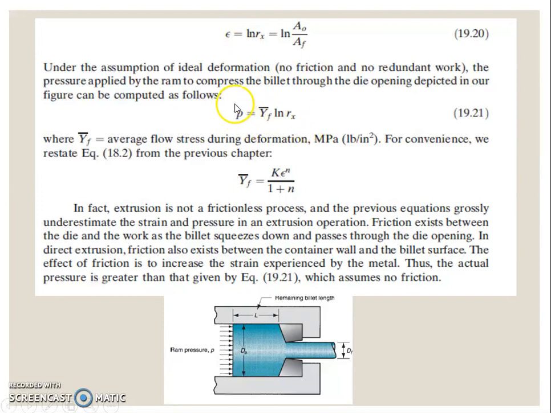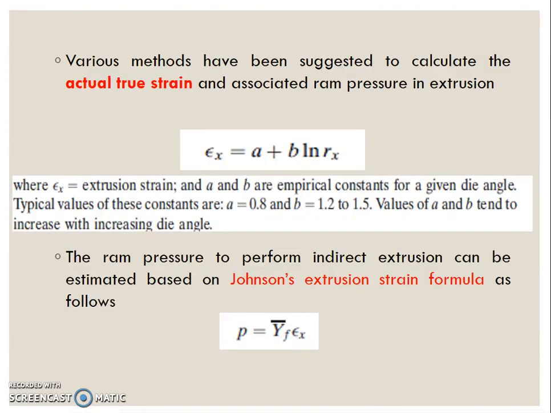Then you will get the pressure on the ram. For the average flow stress, you use the same equation previously mentioned. Previously the condition is without friction.